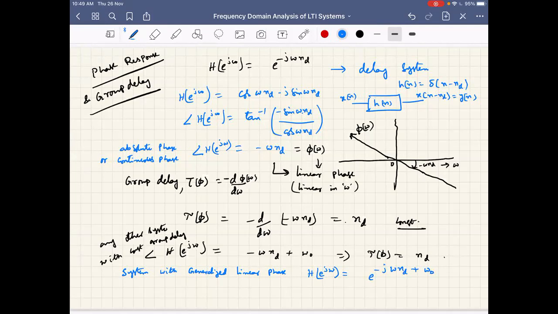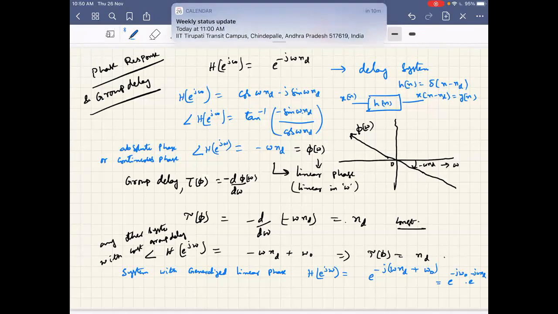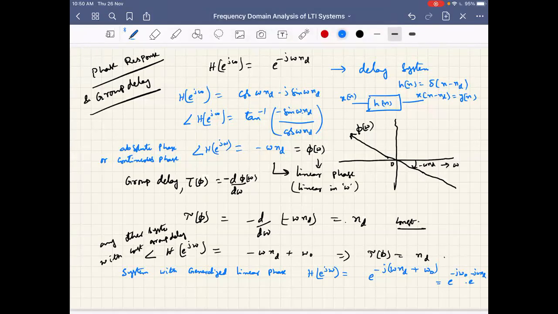It can be written as e power minus j omega naught into e power minus j omega nd. Here the constant term is introducing a small phase. There may be a constant term in the frequency response, which is a complex constant, and that is introducing the phase. So as I said, systems having constant group delay are preferred for avoiding any distortion due to the frequency response.